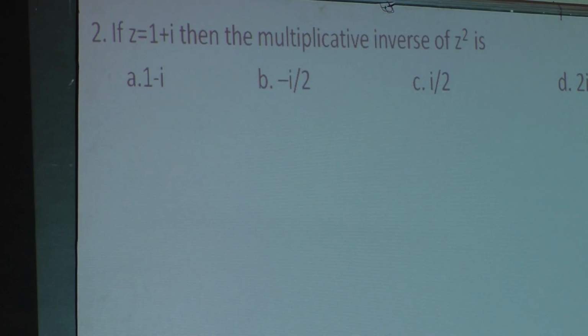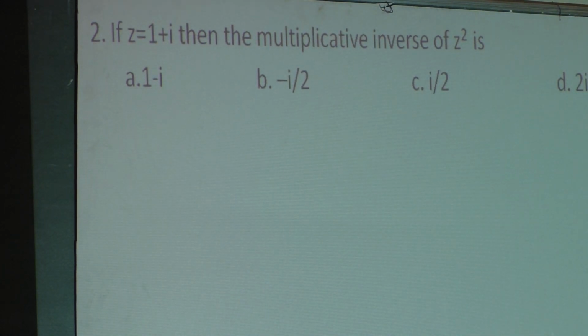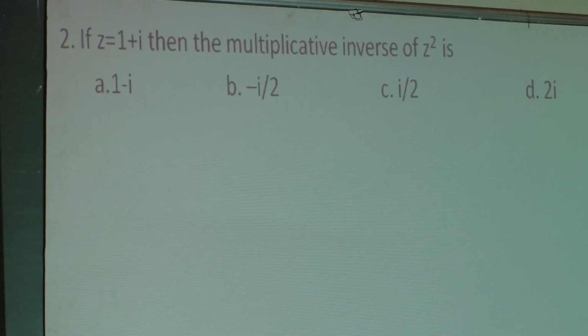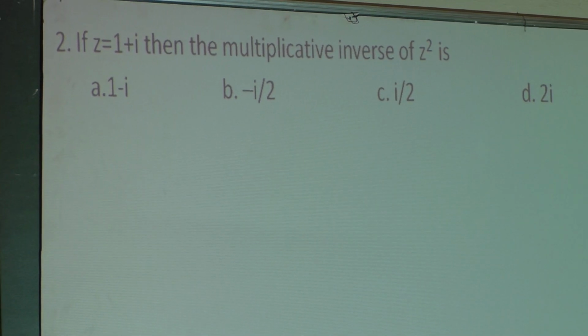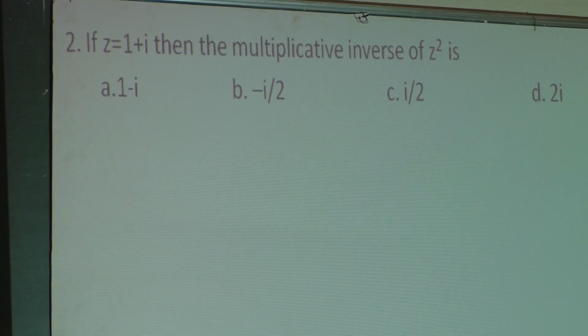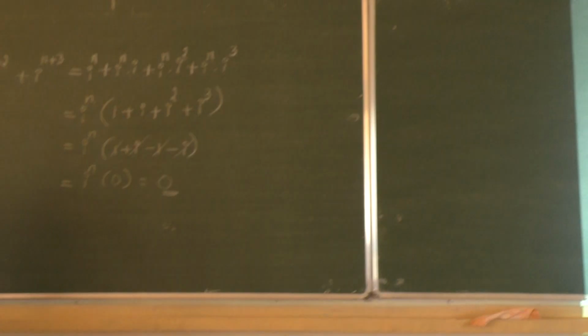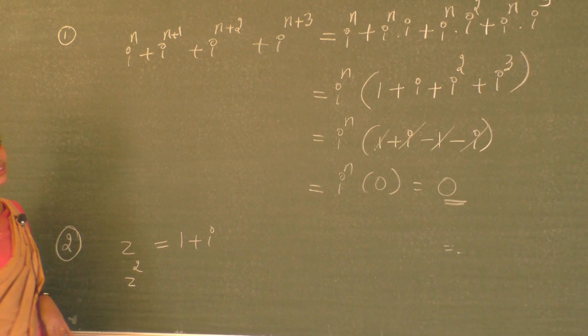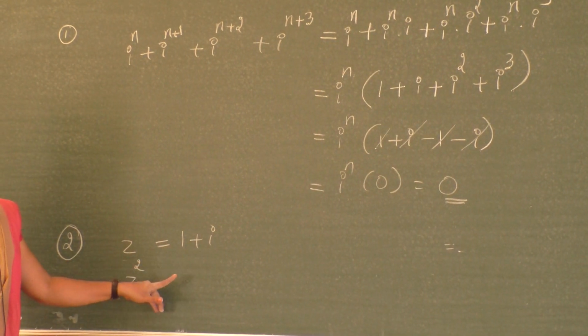Second question: if z is equal to 1 plus i, then the multiplicative inverse of z square is, z is given, what is z? z is equal to 1 plus i. We need to find the multiplicative inverse of z square. Let us find z square first.